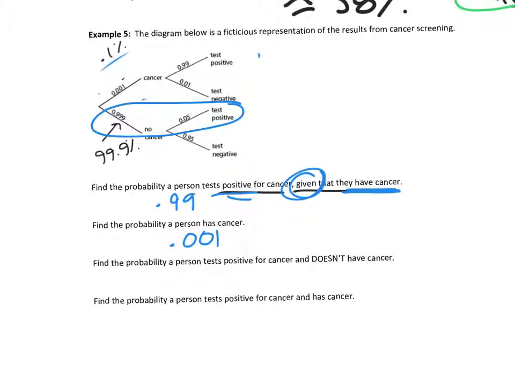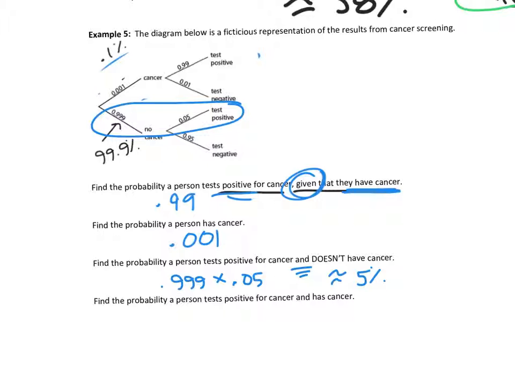It's an and, so I'm going to multiply 0.999 times 0.05. So what's the likelihood of that? 0.999 times 0.05 is about 5%, because it's 0.0499, so I'll put about 5%.